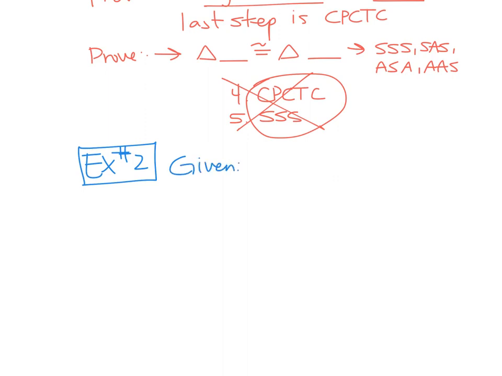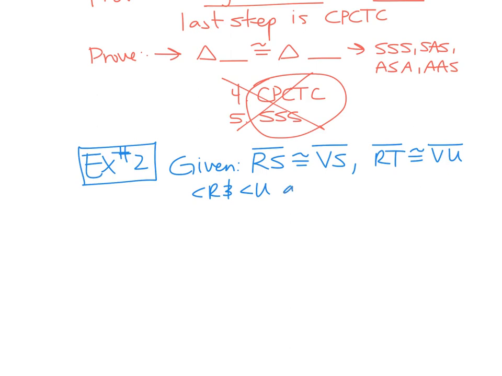All right, let's say you're given RS congruent to VS, RT congruent to VU, and angle R and angle U are both right angles.